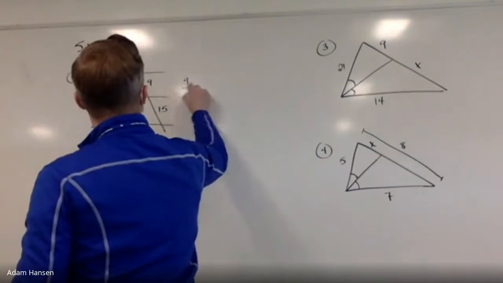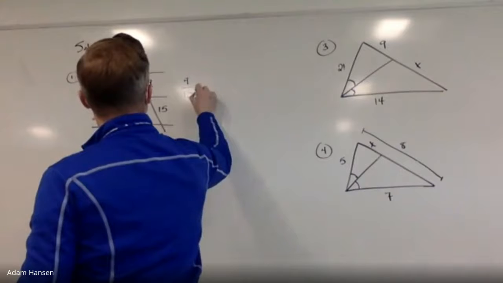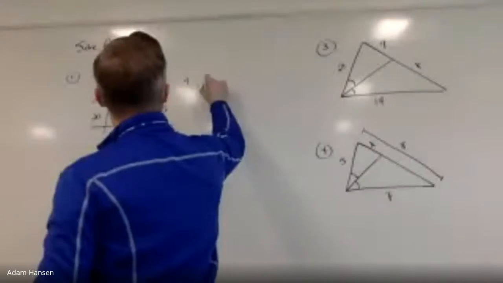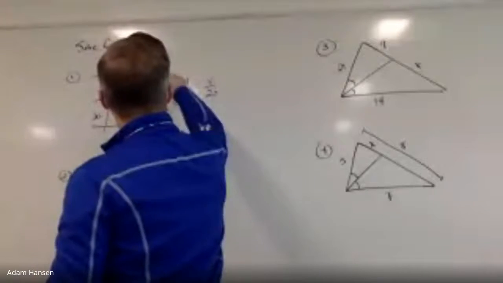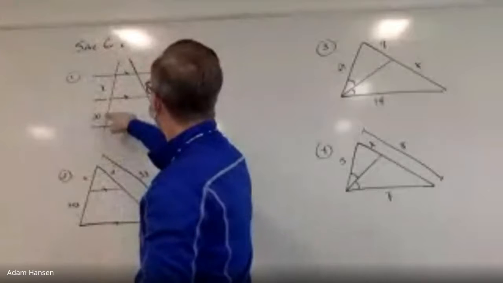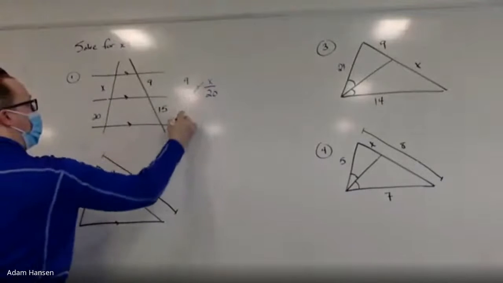9 is to 15. And how'd you finish that up? 20. Oh yeah, got to be consistent, right? If you go top is to bottom on the right, you better go top is to bottom on the left. I was thinking x is to 9 as 20 is to 15, but it's all the same, because you're going to find the same 2 cross products.